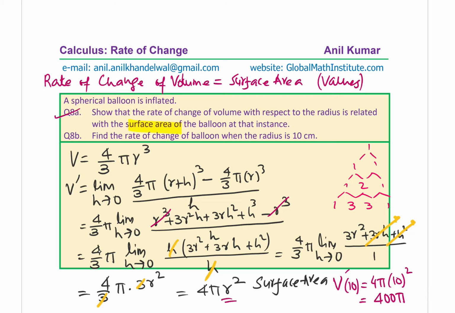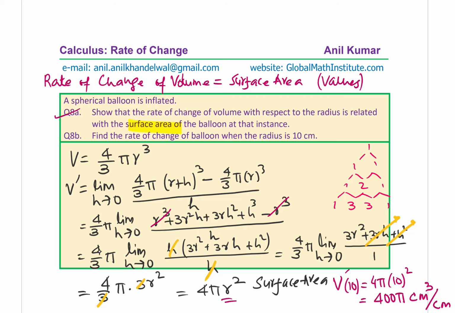Rate of change with respect to instance radius, right? So the volume is a centimeter cube, and we differentiate it with respect to r, so per centimeter. Do you understand? That is how we are going to write the units. So we are finding rate of change with respect to radius.